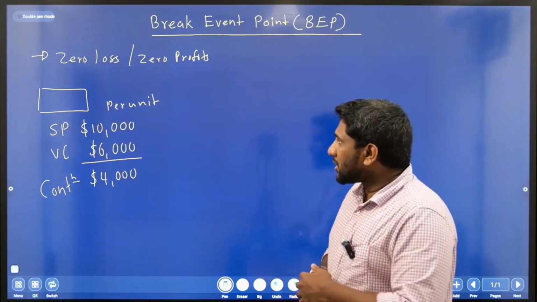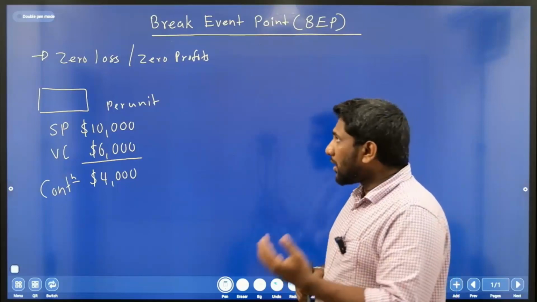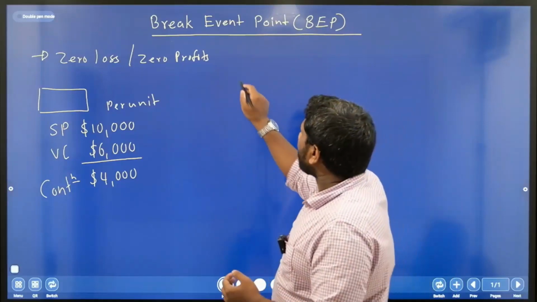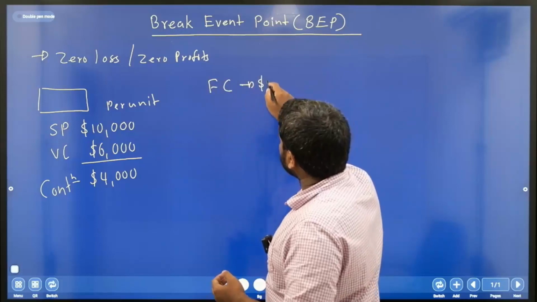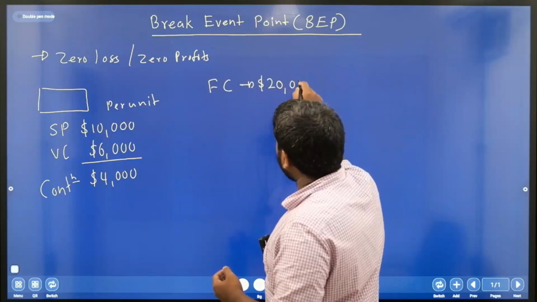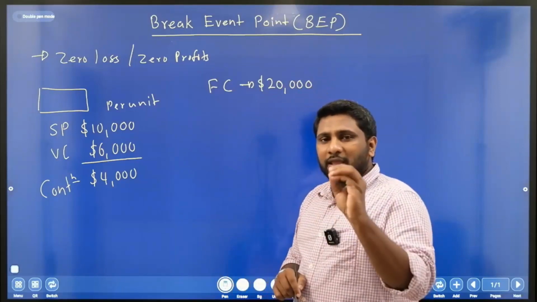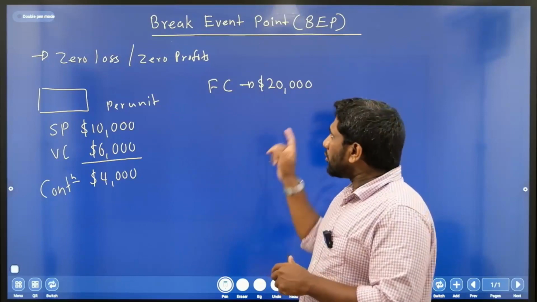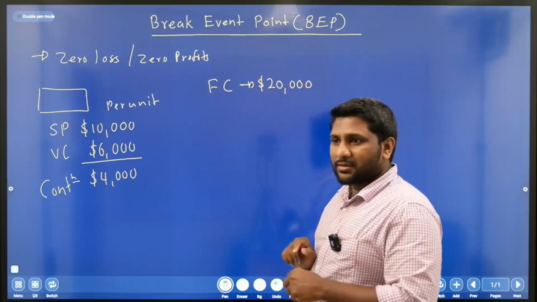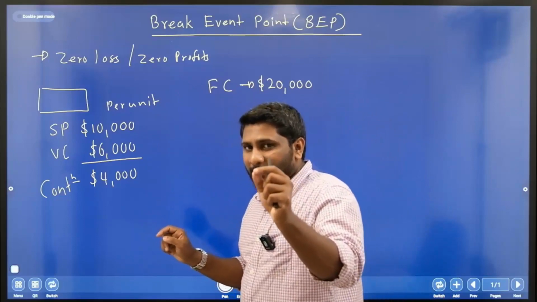In this example, for me to run the business for a month, I have a fixed cost of $20,000. Now I am asking you a question. In order for you to cover this fixed cost, how many units should you sell?